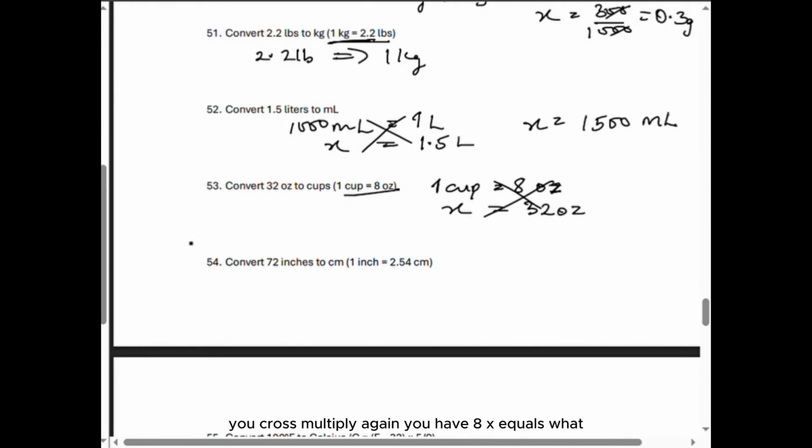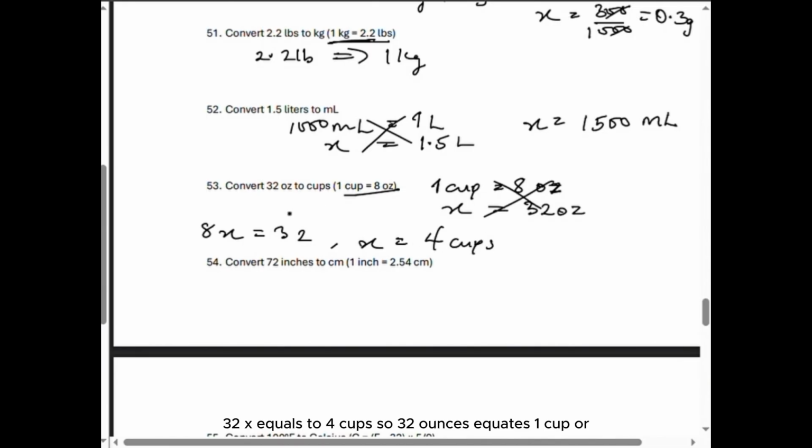You cross multiply again. You have 8x equals 32. x equals 4 cups. So 32 ounces equates to 4 cups.